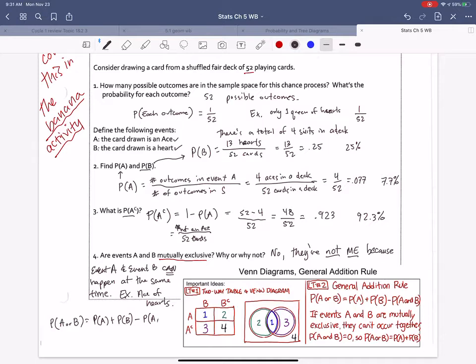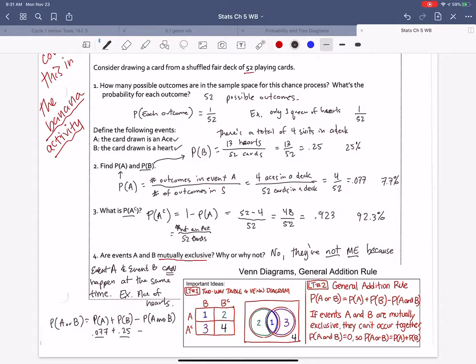So the probability of A and B. So we know this is not the case because this is 0.077. This is 0.25, right? And that's totaling up to more.